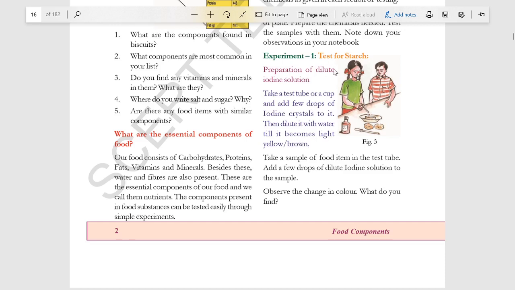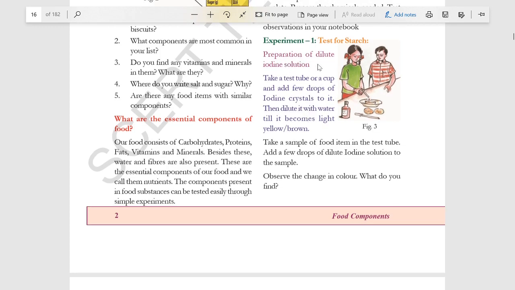For carbohydrates or starch, we use the test for starch. The apparatus and chemicals used for performing this test are iodine solution, a potato and a plate.